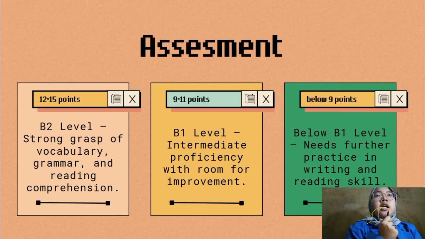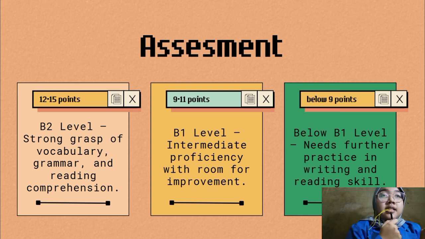Assessment. So if the students get 12 to 15 points, the students might accomplish B2 level, strong grades of vocabulary, grammar, and reading comprehension.